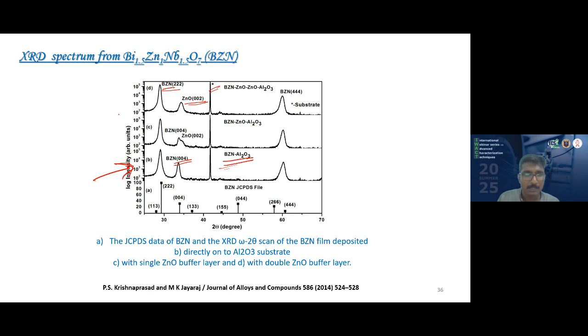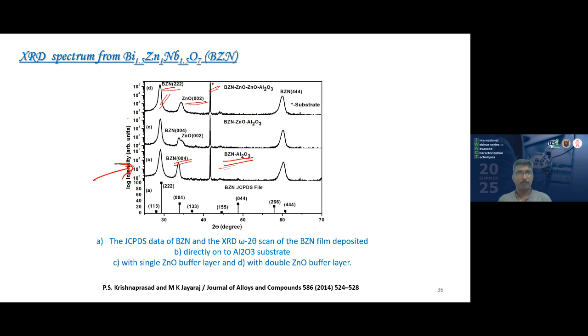That means these sharp intense peaks tell us that our films are highly oriented along the 222 direction. It should be noted that in the y-axis the intensity is given in log scale. It is of the order of 10⁶ counts per second. So the highly intense peaks of BZN thin films show the epitaxial nature of the thin films.